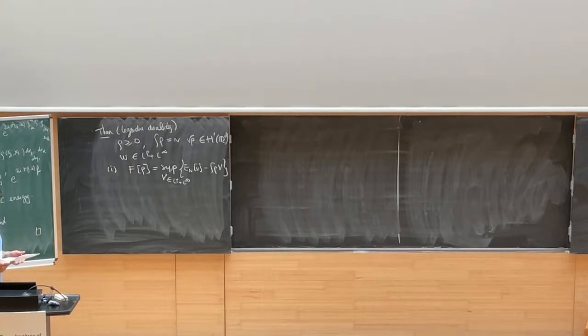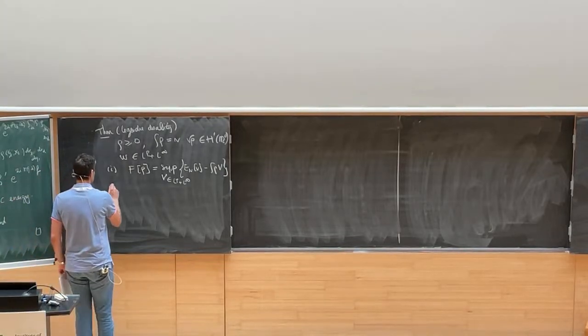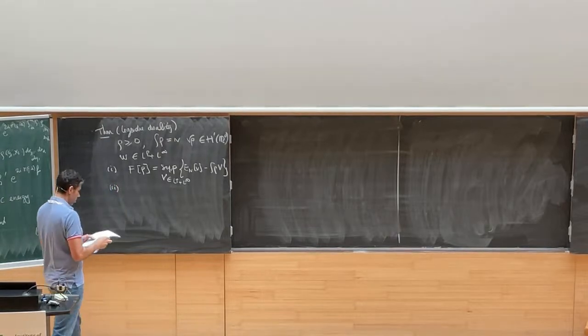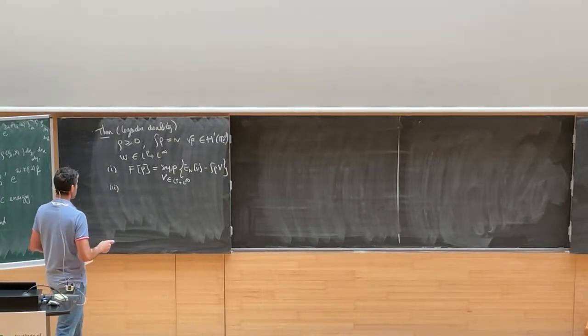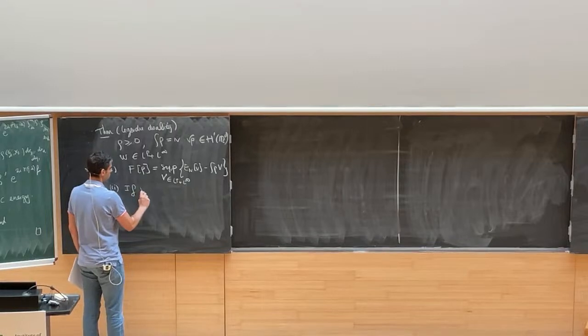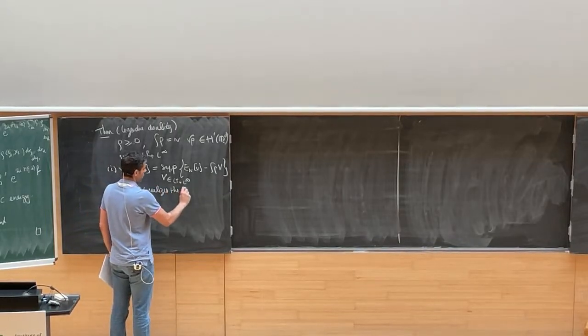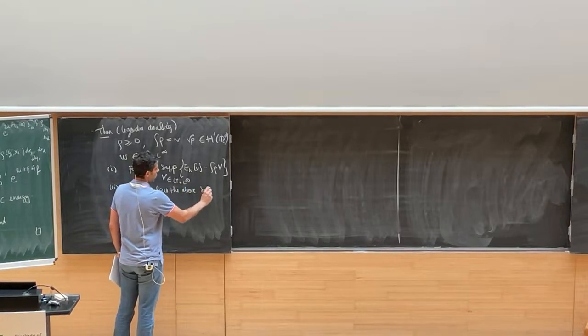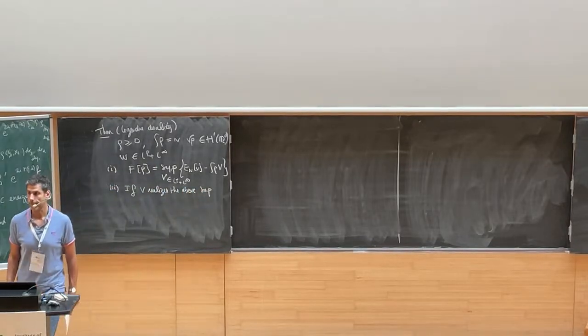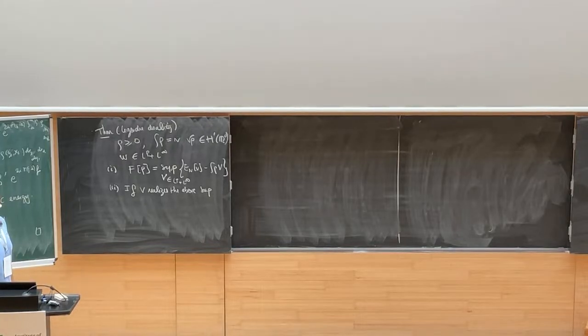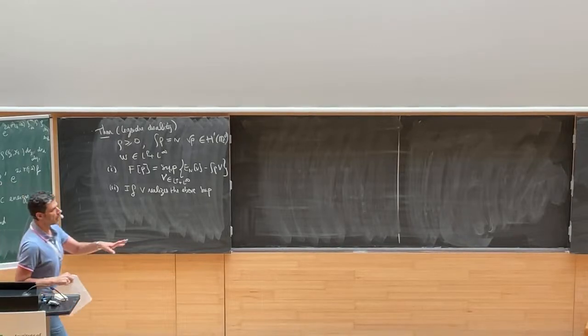So everything is fine. And it works as in finite dimension. If V realizes the above sup, so if the sup is attained, let's not worry, it doesn't have to be the same p.